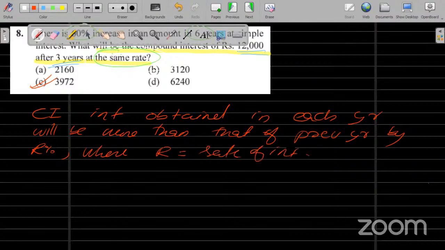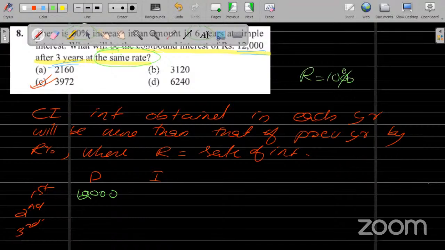Here we have the principal amount and interest for the first year, second year, and the third year. First year principal amount is how much? 12,000. The rate we calculated is 10%.